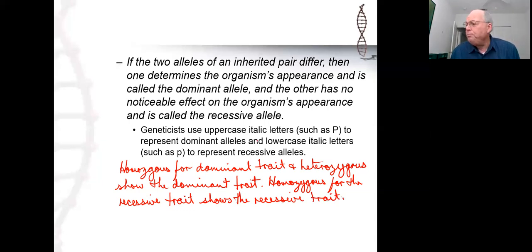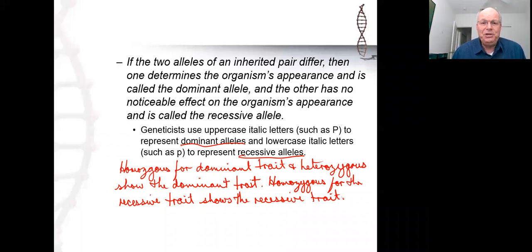So you can see here the notation, and I followed the notation in the textbook, it talks about dominant alleles and recessive alleles. Just want to remind you again that alleles are neither dominant nor recessive. It's actually the trait that is dominant or recessive, not the alleles themselves.